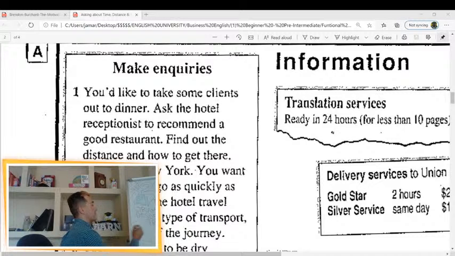So this is the formula for information questions. First, you need the information question word. We're just going to call it info or WH.